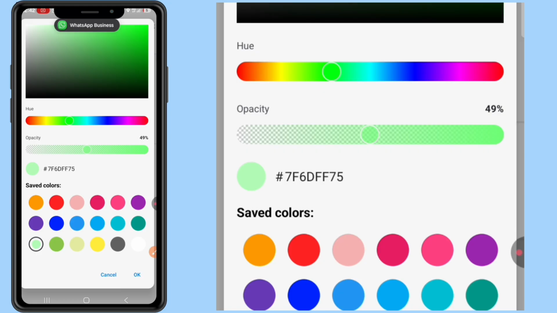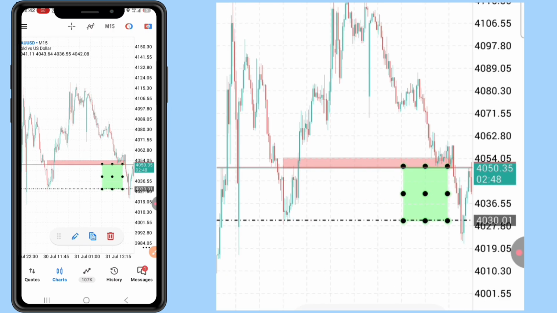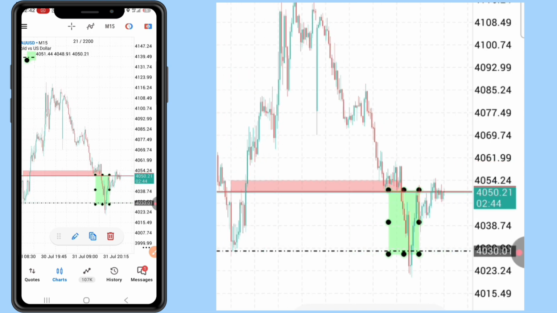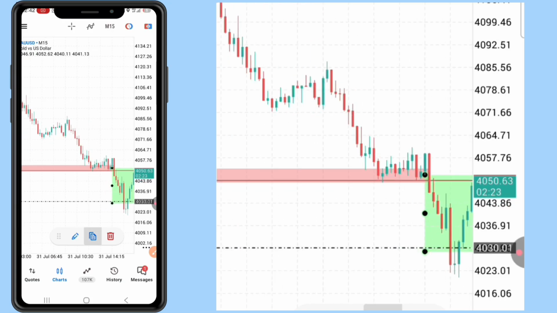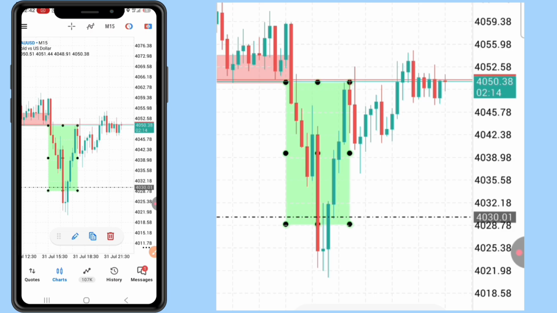I think that's going to work. And then okay, save. Now we already have our take profit zone around here. Let me widen this. So our take profit if we sell is going to be around this zone.